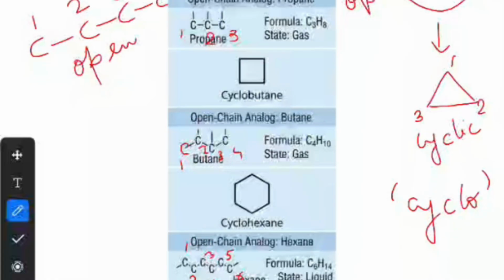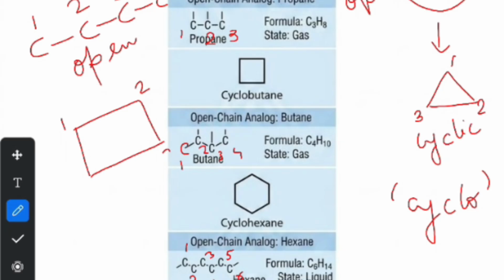In the open chain, the first and the fourth carbon are not bonded to each other. But in the cyclobutane system, the first and the fourth carbon are now joined to each other to form the cyclobutane system.